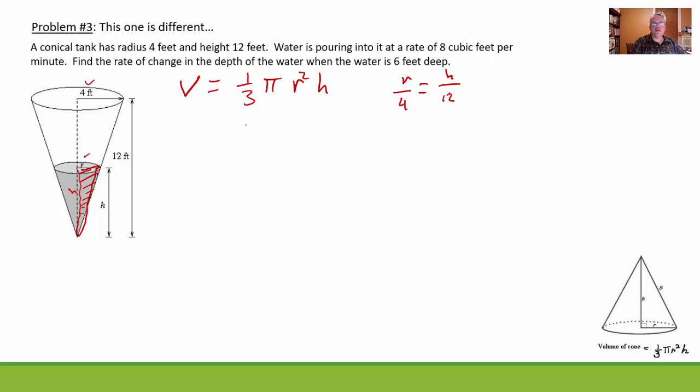Okay, that gives us a relationship. If I multiply both sides by 4, we get r equals 4/12 h, which is 1/3 h. Okay, that's what we're going to substitute into the formula.